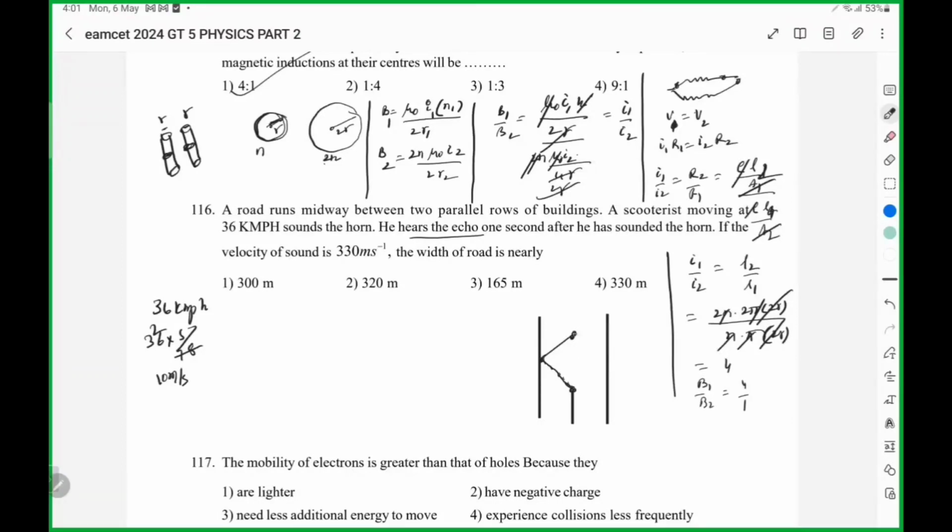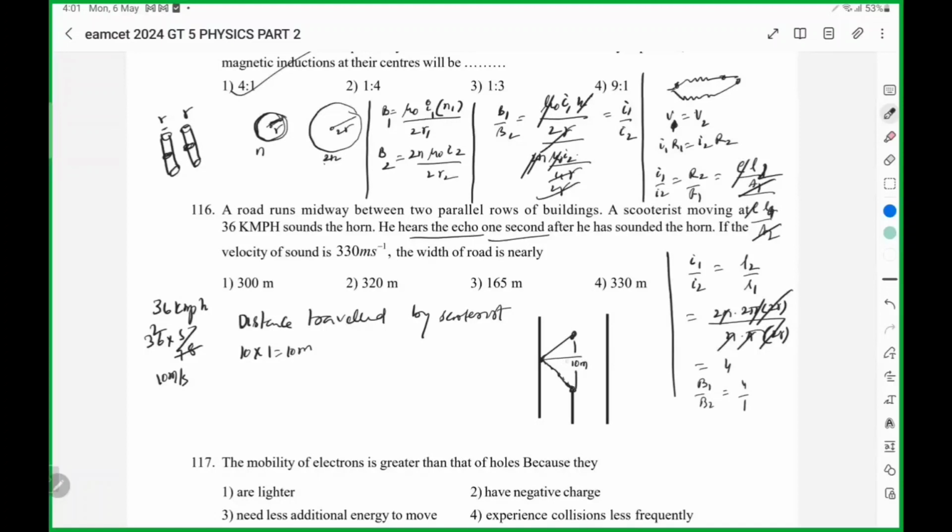So this happened in 1 second. In 1 second, the distance traveled by the scooterist is 10 into 1, that is 10 meters. Here you have 10 meters distance.